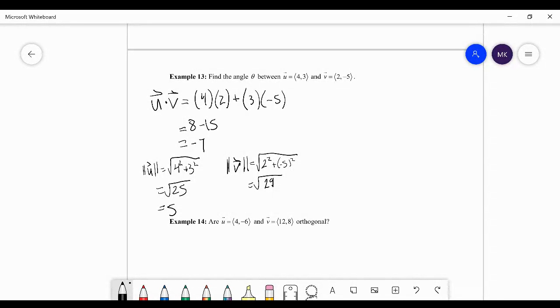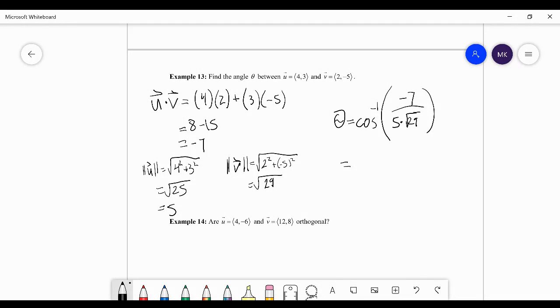All right, we now have our 3 components to find the angle between these two vectors. We just grab our calculator, and theta is equal to the inverse cosine of the dot product, negative 7, over the product of their magnitudes, 5 times root 29. Notice this didn't specify whether it wants degrees or radians.